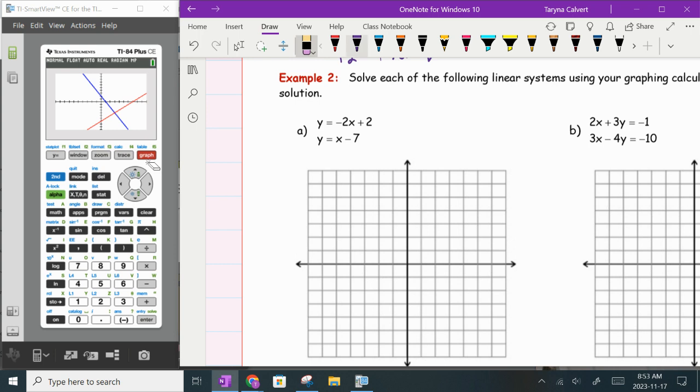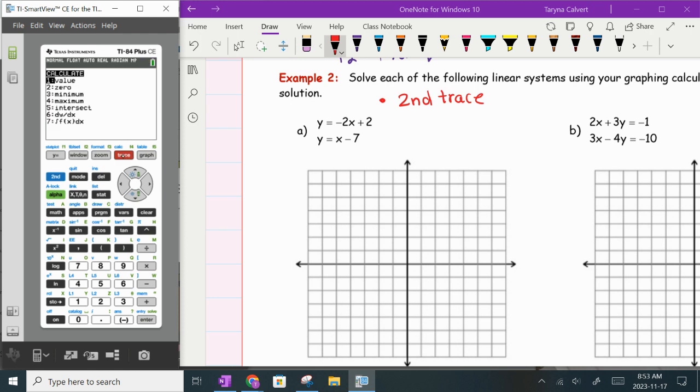We're going to hit second trace. Right, so this is the first thing we're going to do. So second, first column, see where it says second? So hit second. Trace is up here right beside graph.